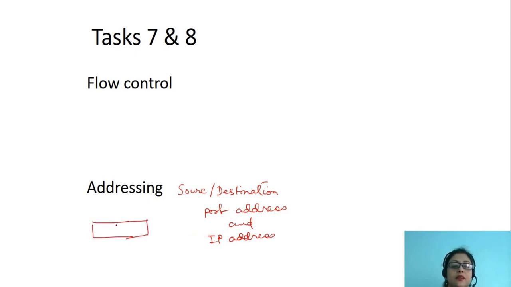Basically, a packet is divided into two parts. One is the header part and the other one is the user data, also called the payload part. So, for proper delivery of the packet to the destination, this header part should consist of the address of the receiver. So this is known as addressing.